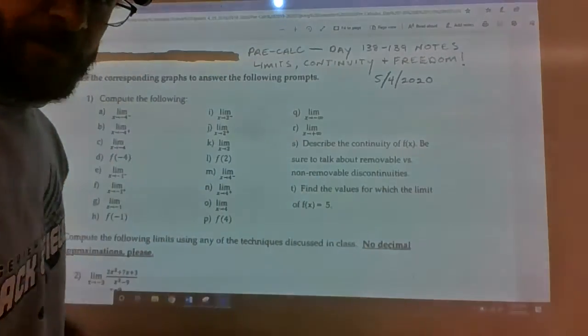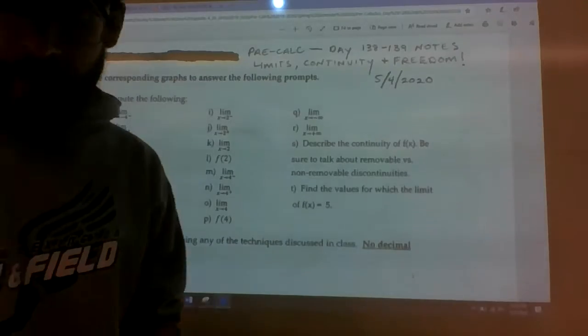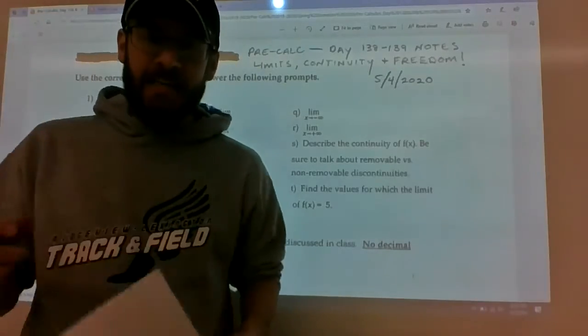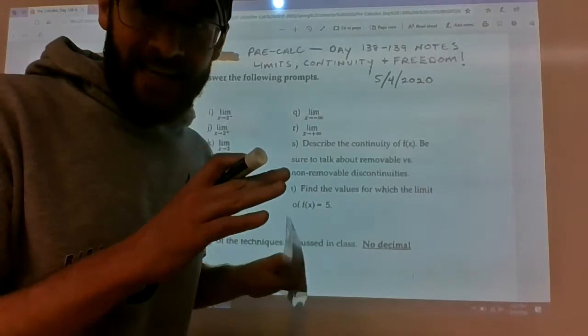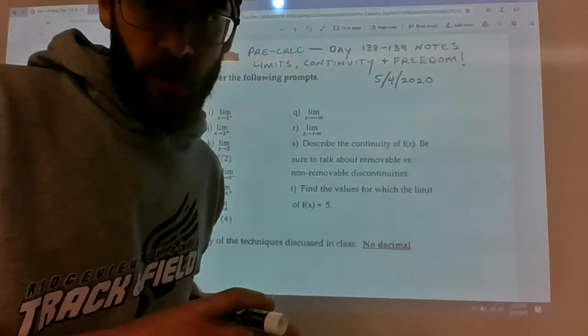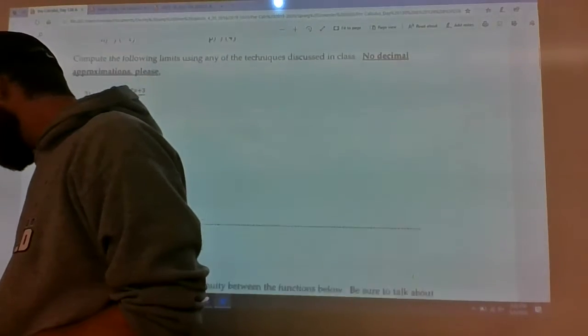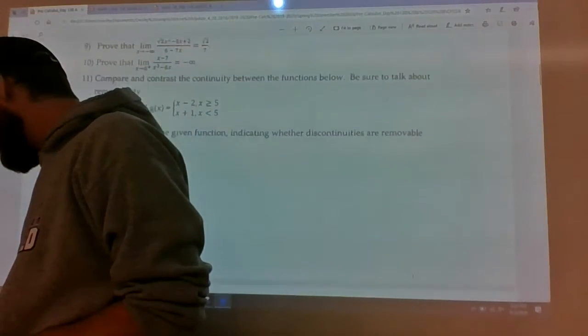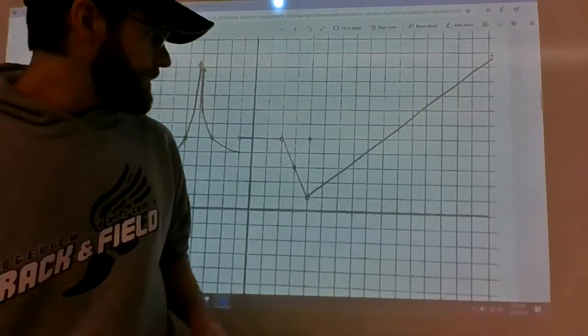The first example I wanted to go over was one of these deals where you look at a graph. So you really need to go to Google Classroom and get this document in front of you as I'm talking about it. All right, here we are.